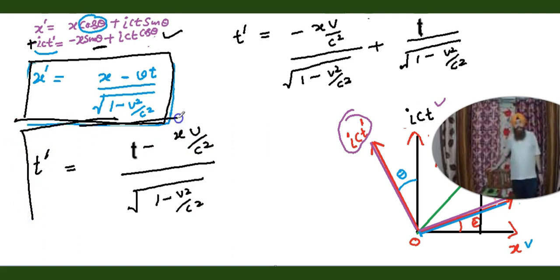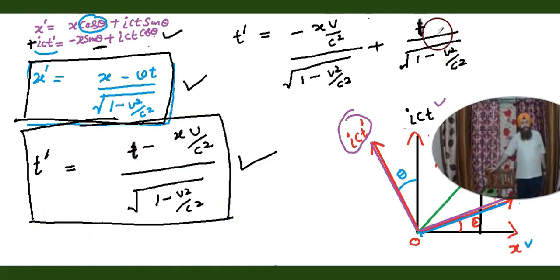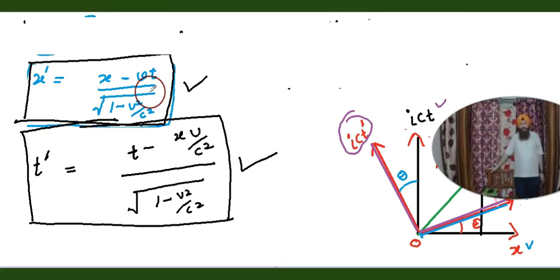And for y and z axis, there is no problem because the frame was moving only along the x direction. So there is a change in the x and time, but there will be no change in the y and z coordinates. So y dash will be equal to y and z dash will be equal to z.